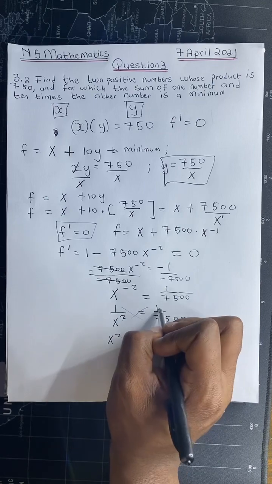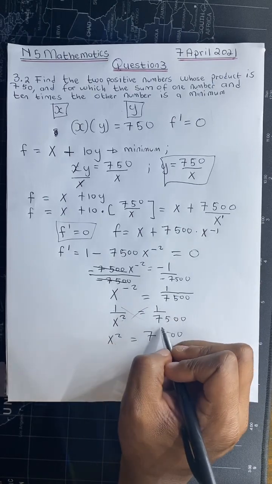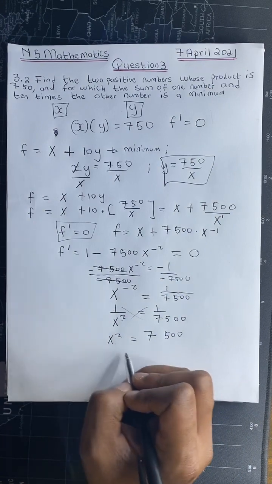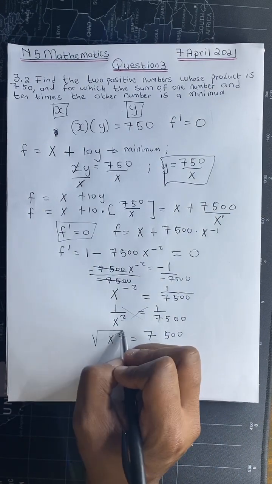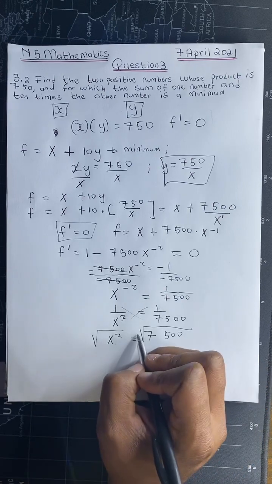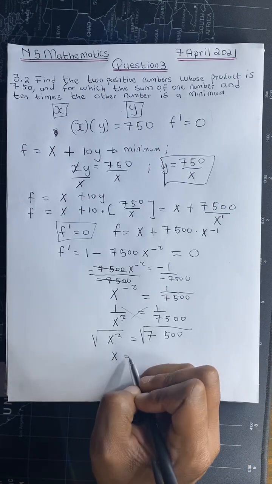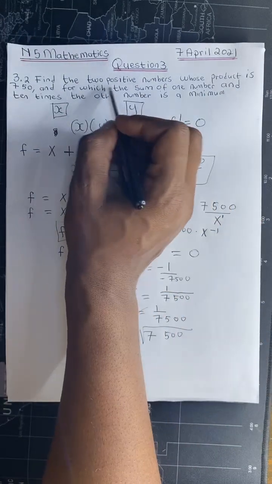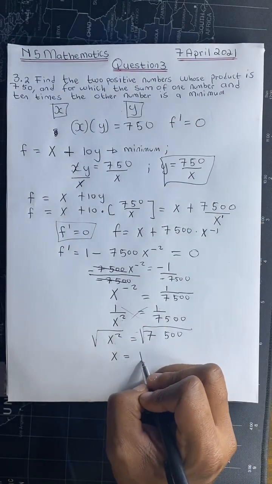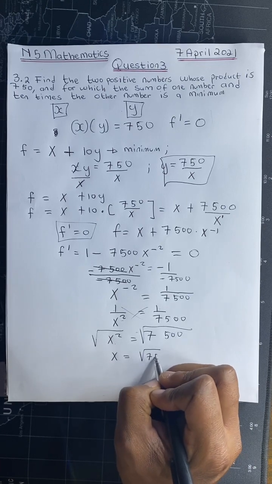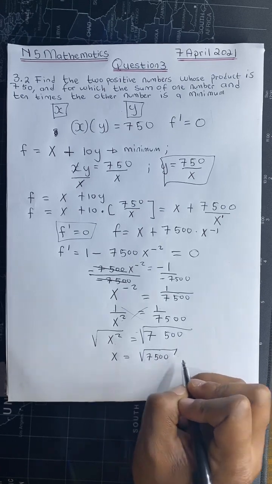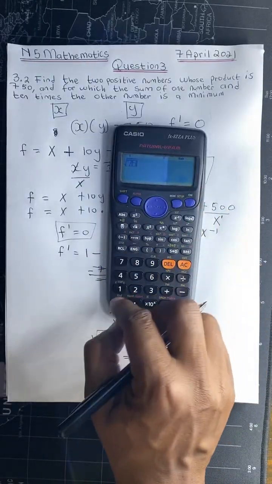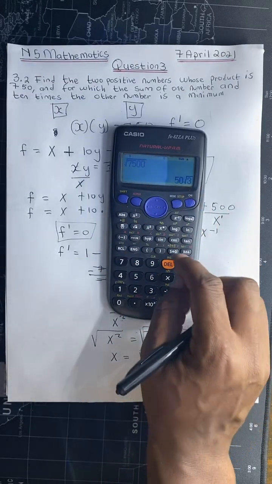This x squared multiplied by 1 will be x squared. This 1 multiplied by 7,500 will be equal to 7,500. From here we make x the subject of the formula by introducing the square root both sides. We were supposed to say plus or minus, but they say that these are two positive numbers, so let's only have positive square root of 7,500. So x is equal to the square root of 7,500.